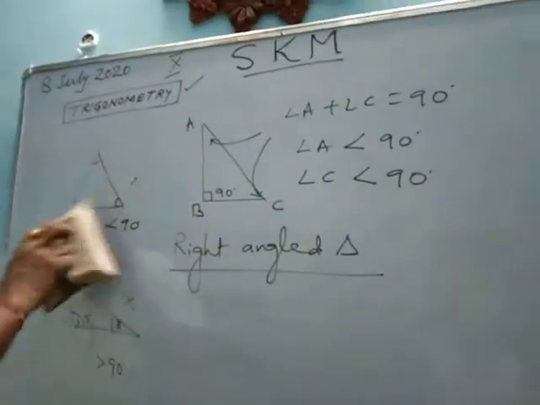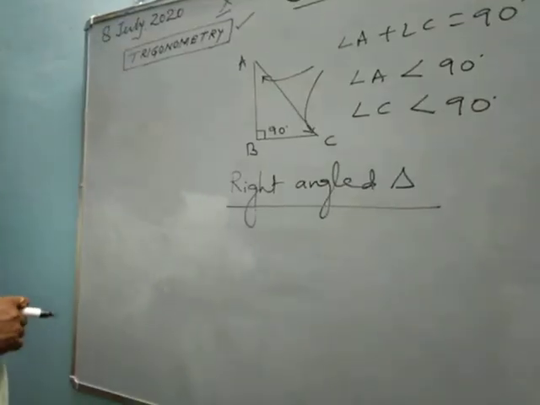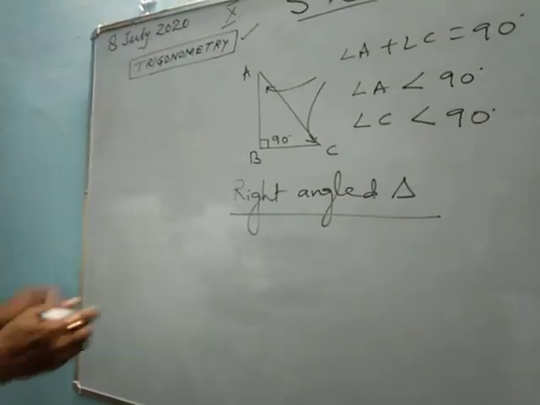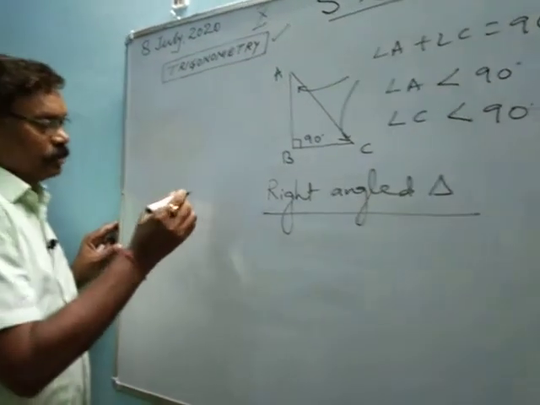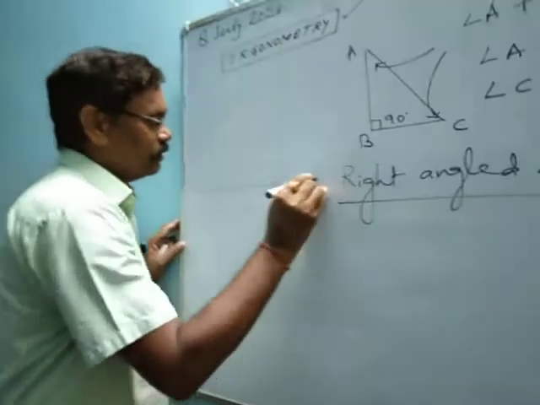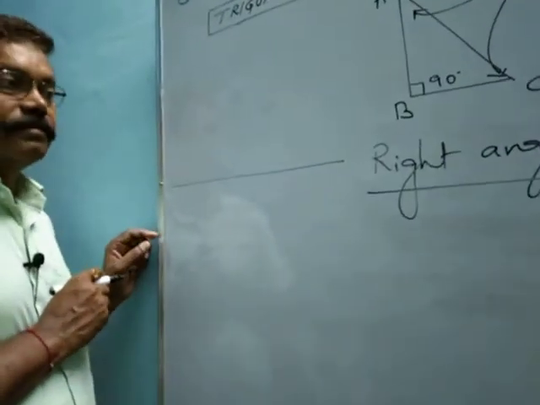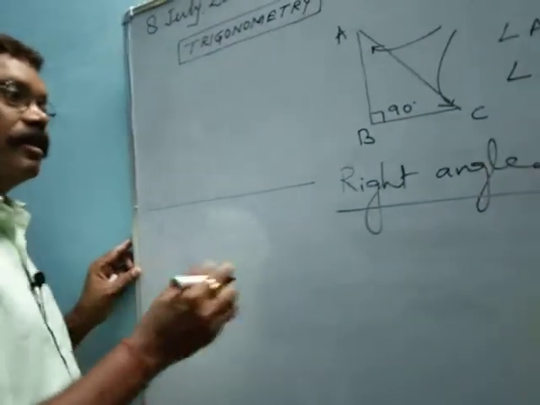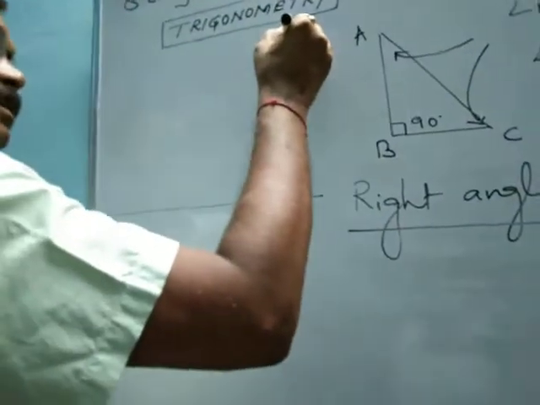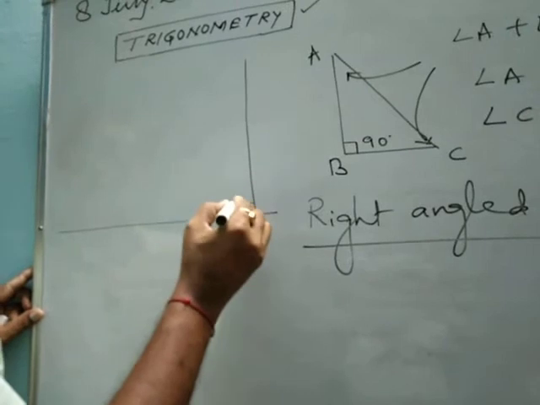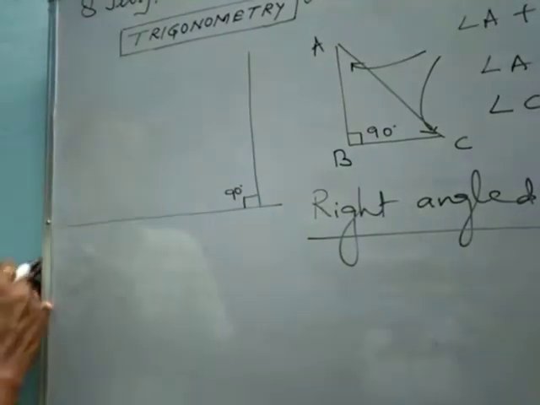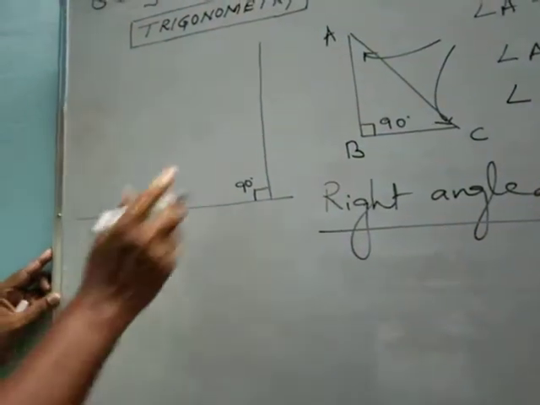Now let's proceed and go a little bit in detail. Suppose I have a straight horizontal line parallel to the ground. On this I draw a perpendicular. That means I am drawing 90 degrees.